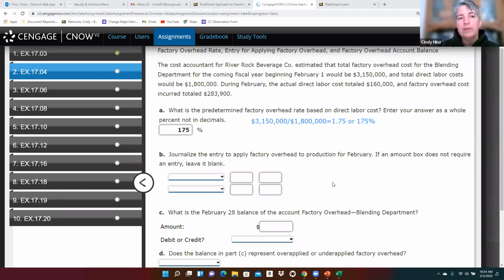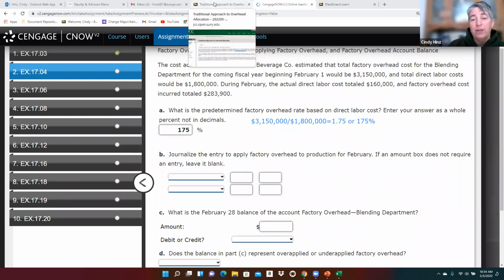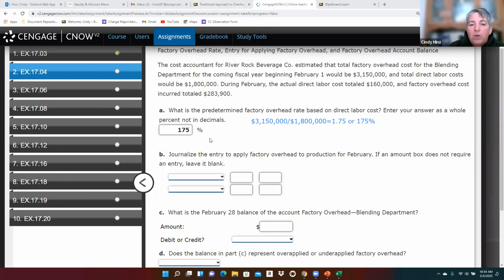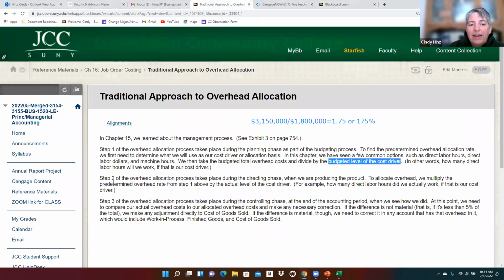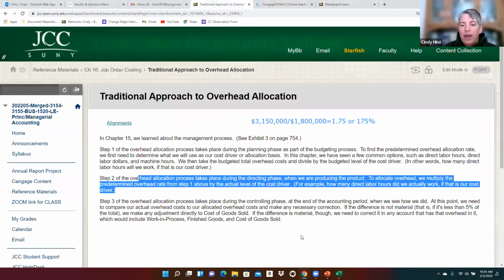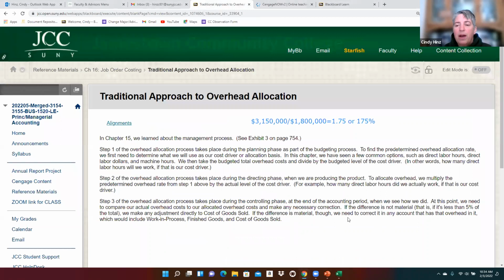Okay, so that was step 1. I'll just go back to the directions here so that you can see how what we're doing mirrors what the directions tell you to do. Step 2 asks us to journalize the entry to apply factory overhead. As we are actually producing the product, we're going to allocate the overhead based on the rate we calculated, which is right here, the 175%.